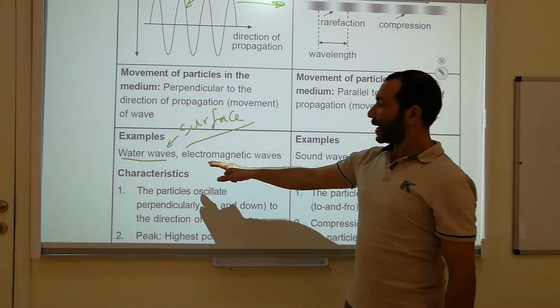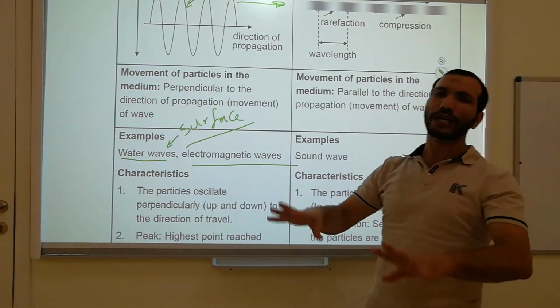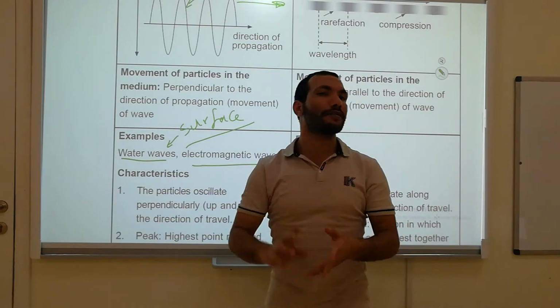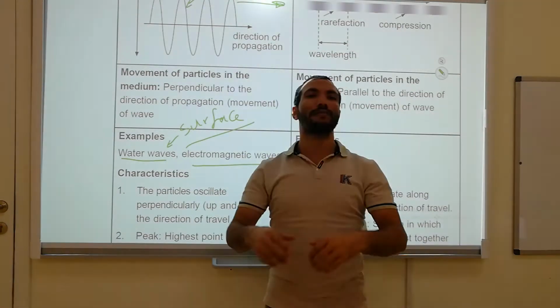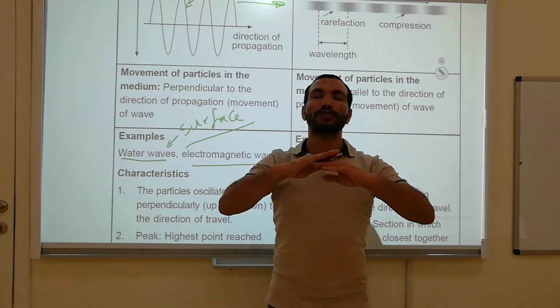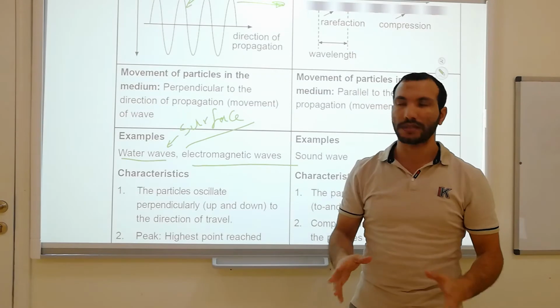Number three, electromagnetic waves. All electromagnetic waves, such as light, infrared, the visible spectrum, radio waves, gamma rays, X-rays, everything, are all transverse waves.